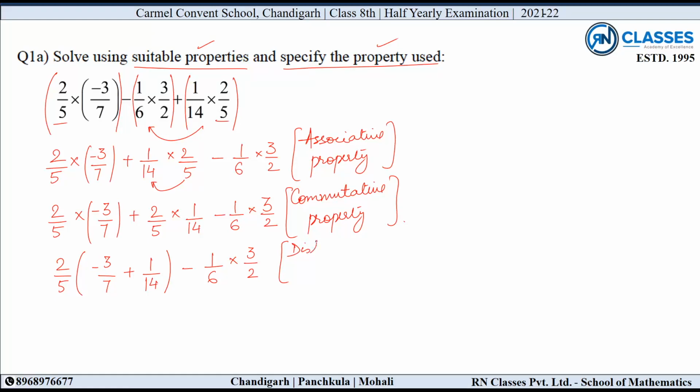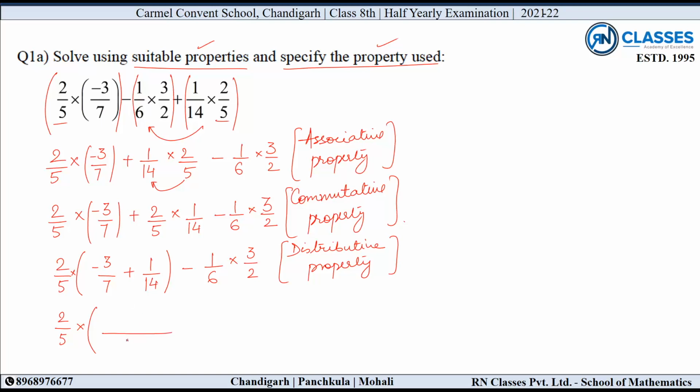Distributive. Right? Distributive property means 2 by 5 into bracket, यहाँ पे into होगा, right? Minus 3 by 7 plus 1 by 14.